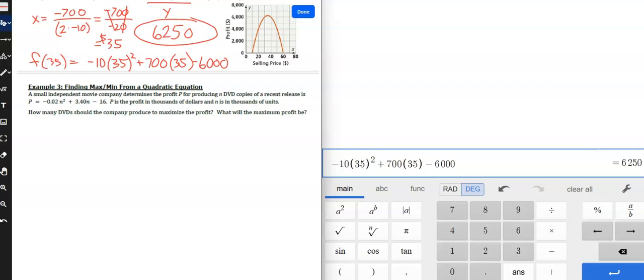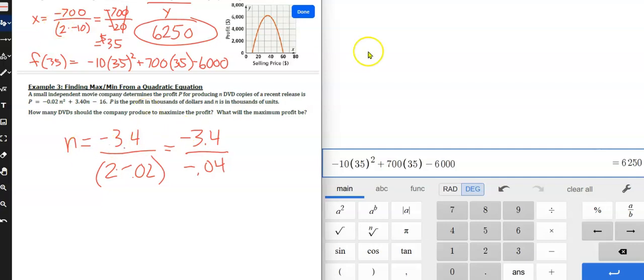Okay. So we know that N will be the opposite of B over 2 times A, and that is 2 times negative 0.02. So negative 3.4 over negative 0.04.